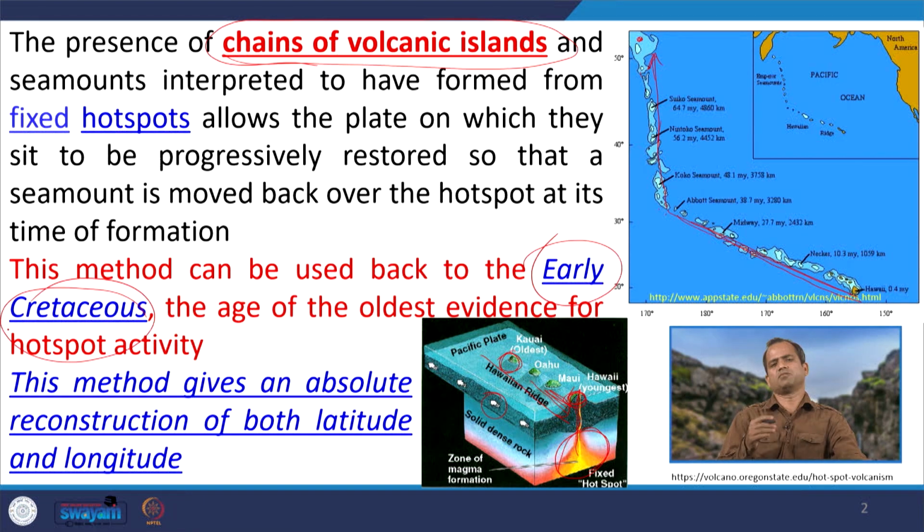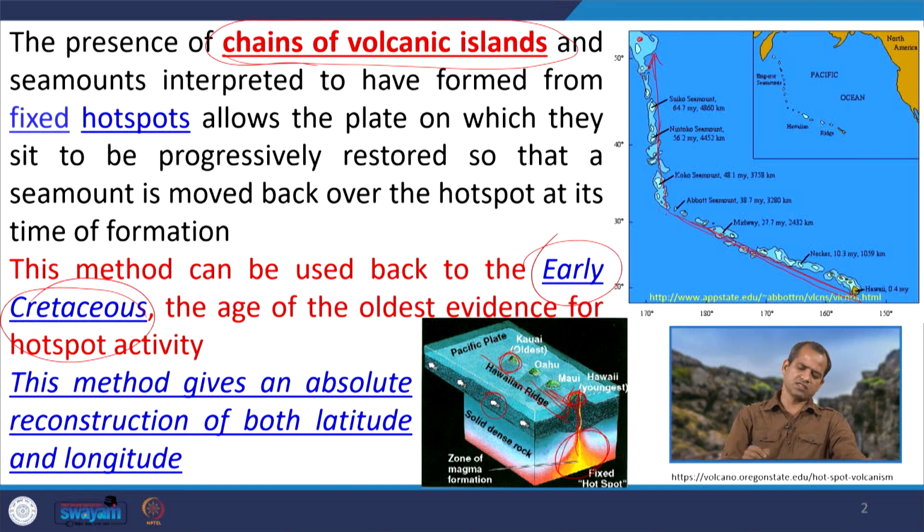The reason being, if you remember when we were talking about the convergent system, the oldest oceanic lithosphere we have is up to the early Cretaceous, around 200 million years or so. Beyond that, the lithospheric system has already been subducted and destroyed, and we do not have it.